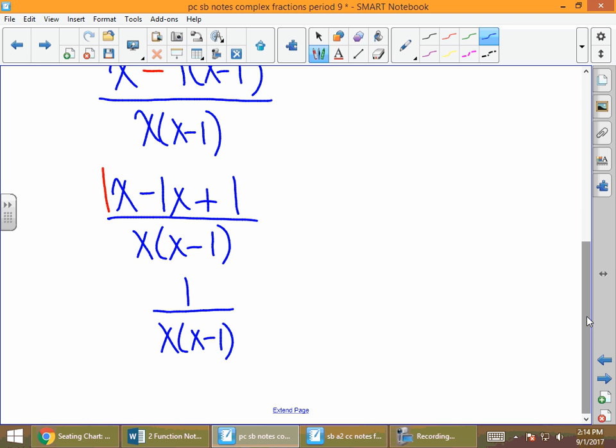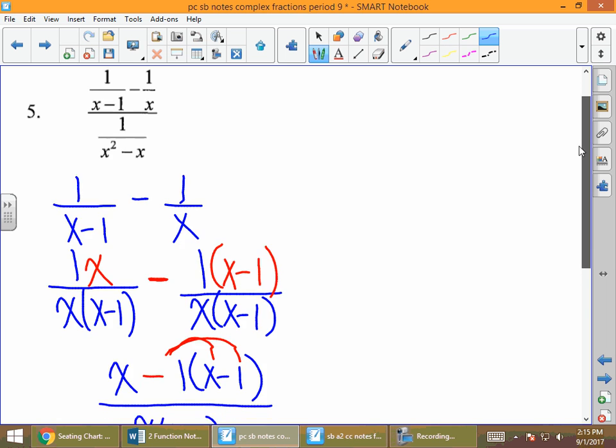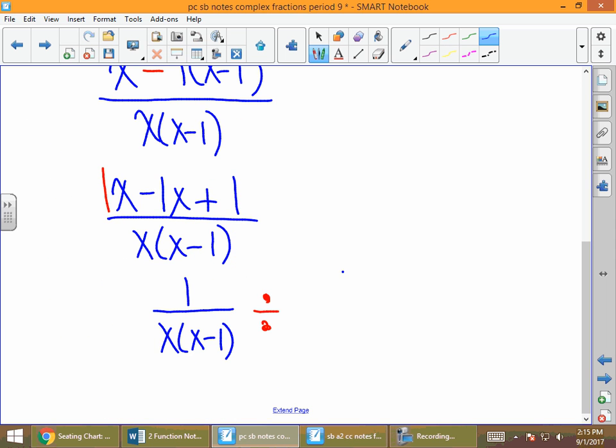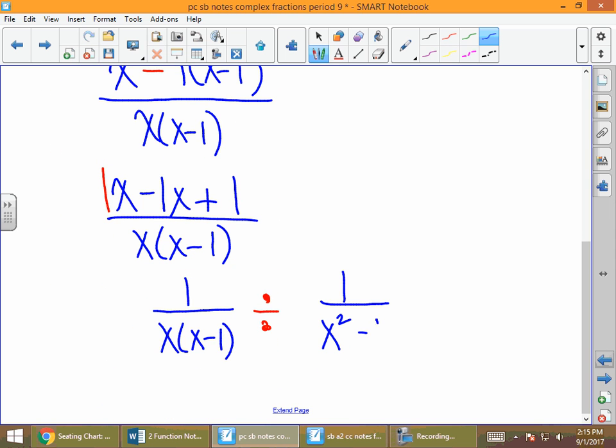So we simplified the top. As we take a quick look here, I'm going to write this, and then we're going to go old school here, divided by. What's in the bottom of our fraction? Well, we don't have to add anything or subtract anything together, so we can start using it. It's 1 divided by x squared minus x.